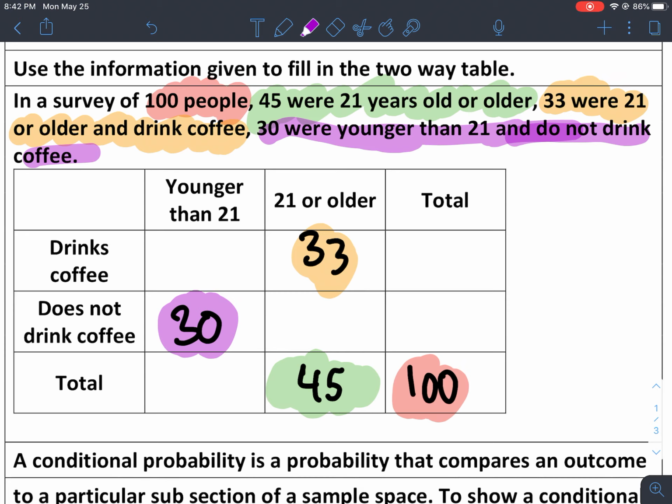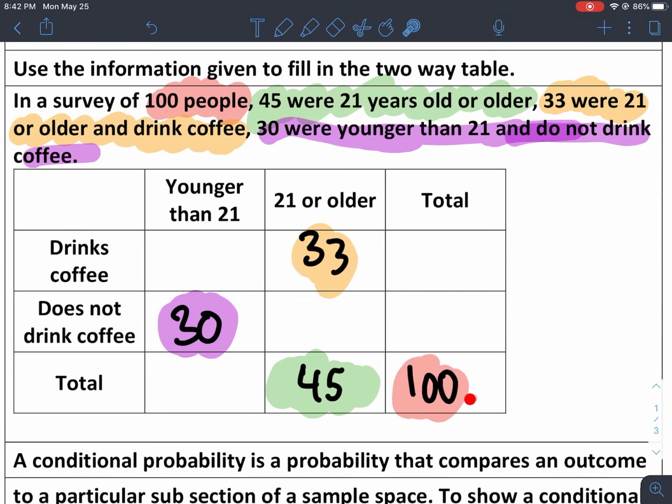So now I look at it and I go, what? A little bit confused. And I think, okay, wait a second. I think I can fill some of this in. So if I know that there are 100 people, and I think, okay, people are either 21 or older or younger than 21. You can't be neither of those.